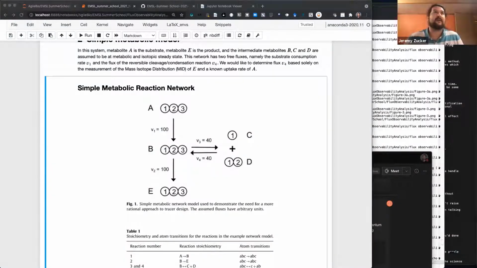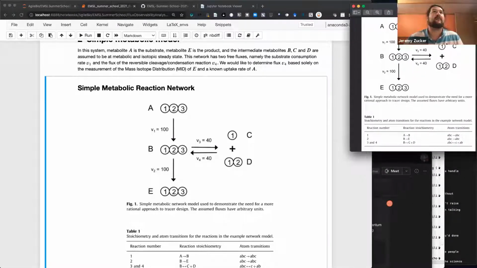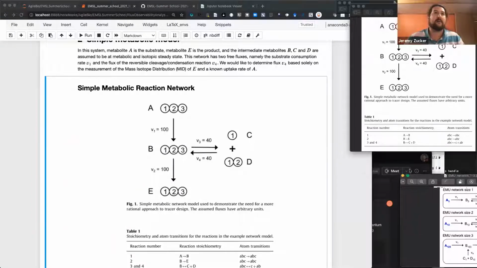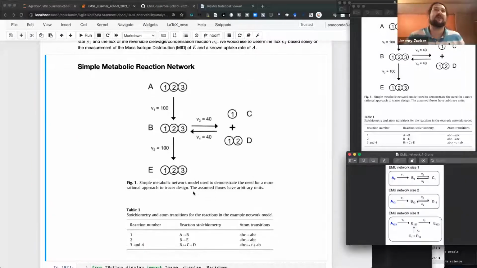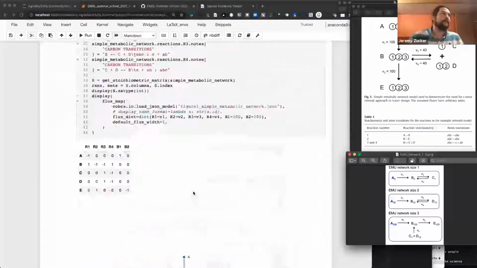So I'm going to keep this guy right here, and I'm also going to keep the EMU around. It could be helpful. Network 1 through 3. There we go. All right, so these are going to be here to refer to even as I'm going through this, okay?